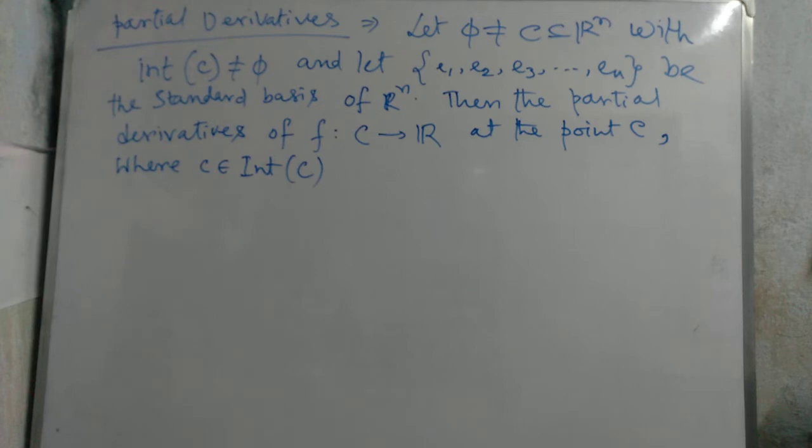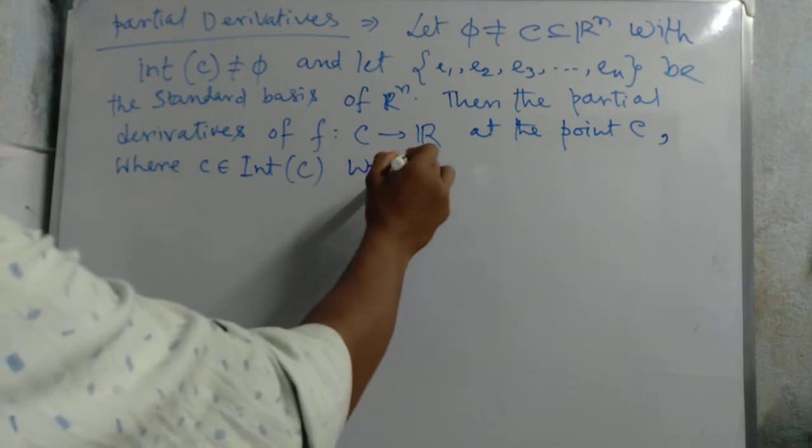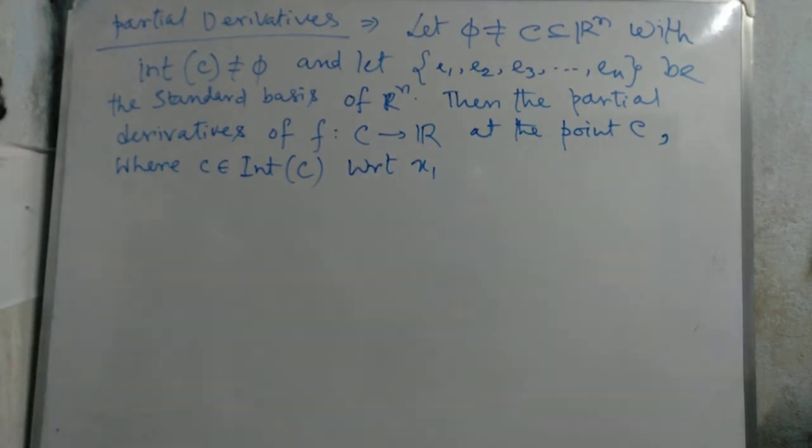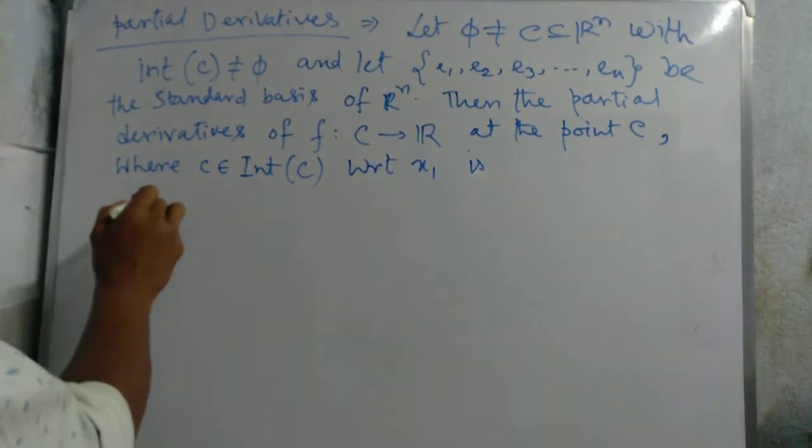at the point c, with respect to x1, is del f by del x1.